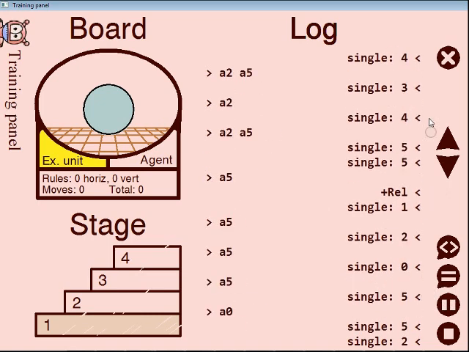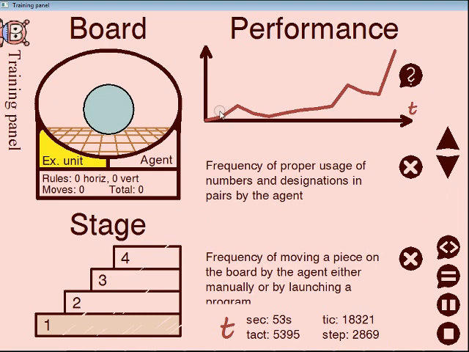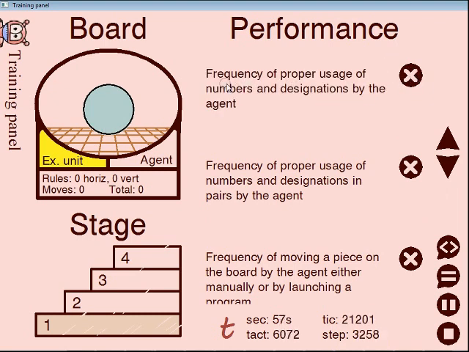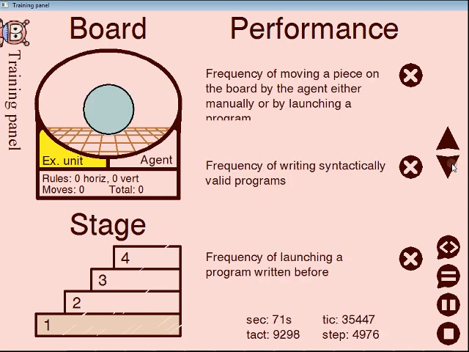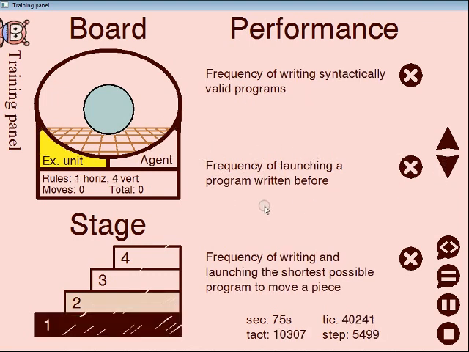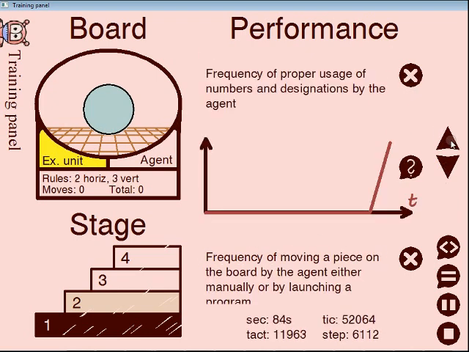Well, we also have a number of performance indicators in our training panel. Here they are. We show the frequency of proper usages of numbers and of pairs of numbers according to the current board rules, the frequency of moving the piece on the board either manually or by the execution unit, the frequency of writing syntactically varied programs, the frequency of launching a program written before, and the frequency of launching the shortest possible program that moves the piece.